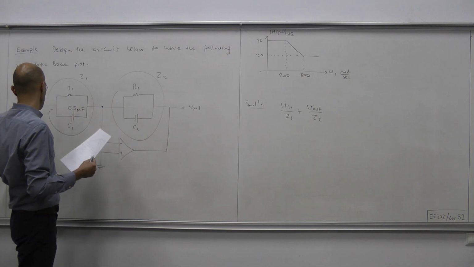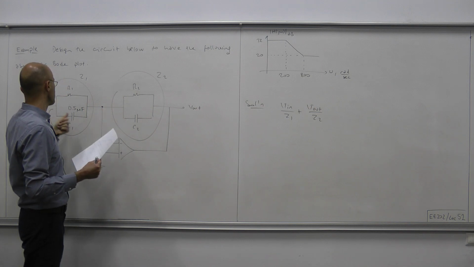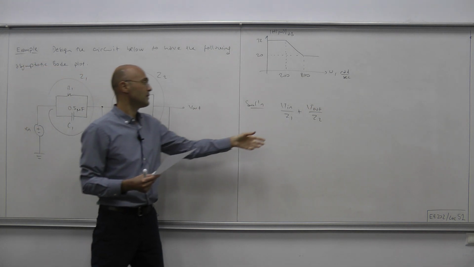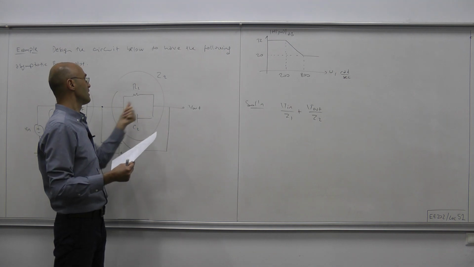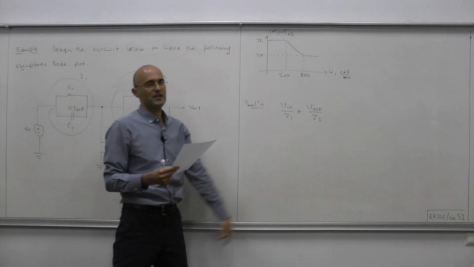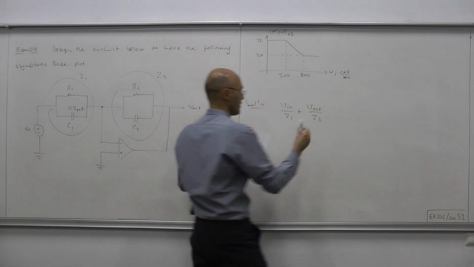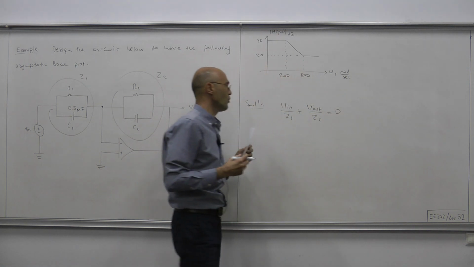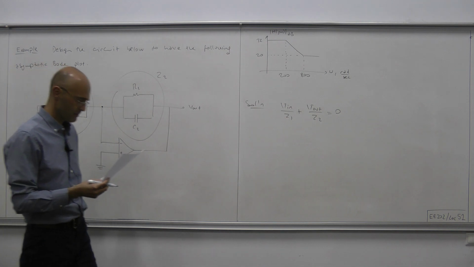Therefore, this current is V in minus 0 divided by the impedance in between, Z1. And this current is V out minus 0 divided by the impedance in between, which is Z2, and by KCL, that sum equals 0. From that equation, we directly obtain the ratio V out to V in, which is the transfer function.